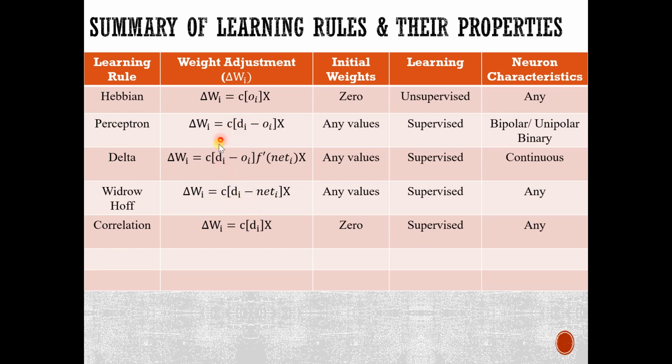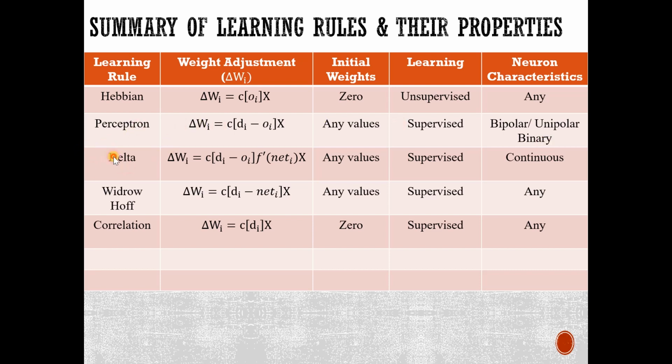In the perceptron, delta, Widrow-Hoff and correlation learning rules, d_i is present, so all these are supervised learning rules. Whereas in the first one, the Hebbian learning rule, d_i is not present, the desired response is not there, so it is an unsupervised learning rule. The perceptron learning rule, I have told you, can only be used for a discrete neuron, which is the perceptron. So either a bipolar or unipolar binary discrete neuron can be used.